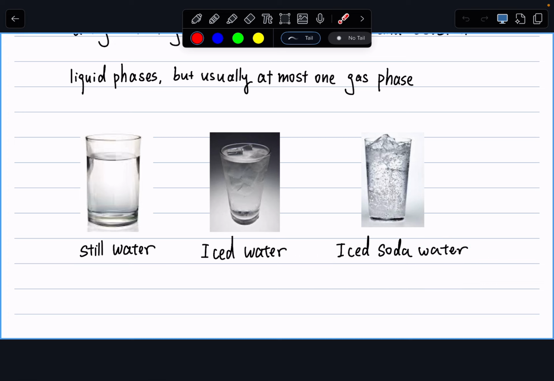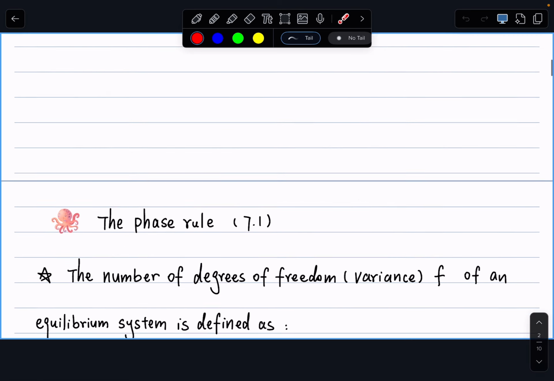We can make this a little more complicated: say the ice cube is not only made with water, but we also have ice cubes made of ethanol, which is not technically true, but in that case, you would have 3 phases. The ice cube made of water and the solid cube made of ethanol will be considered 2 different phases. So far, so good?